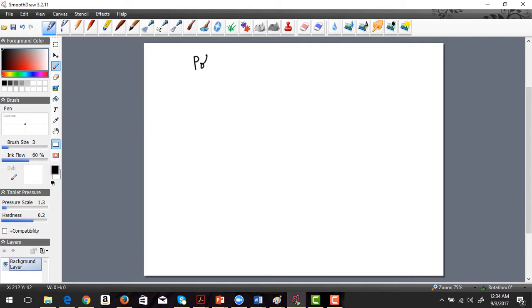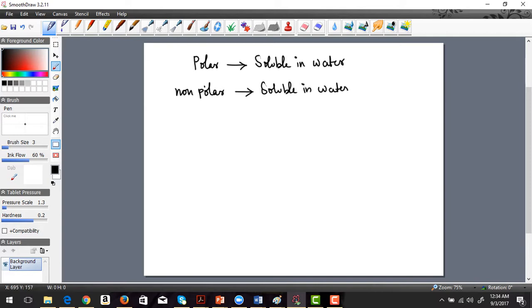Polar means it is typically soluble in water. If it's non-polar, that means it's not soluble. Water is the universal solvent, so we base all our discussion off of water.